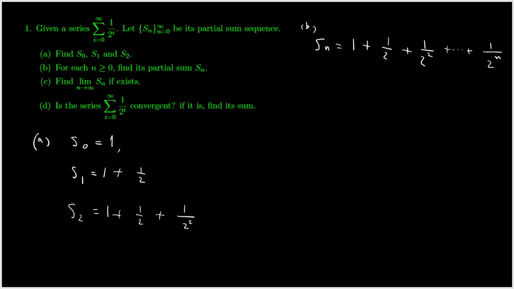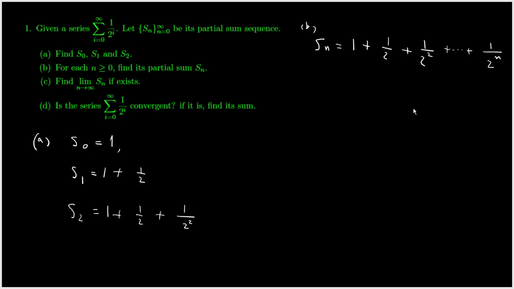In the next step, we are going to take the limit of Sn, but it's hard to take the limit in this form. So before we take the limit, I'm going to tell you a super important formula. I will show you that on the next slide.